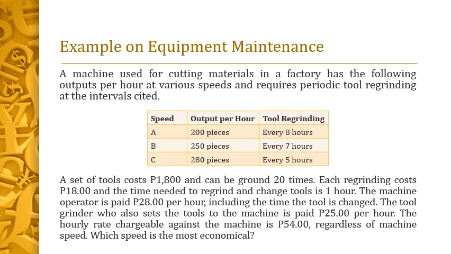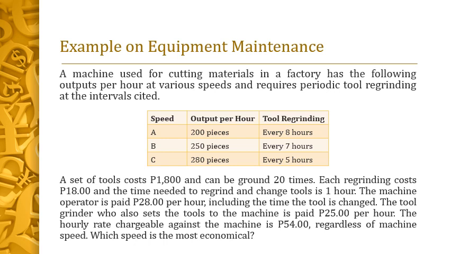For speed B, 250 pieces of output per hour, tool regrinding every 7 hours. For speed C, 280 pieces of output per hour, tool regrinding every 5 hours.